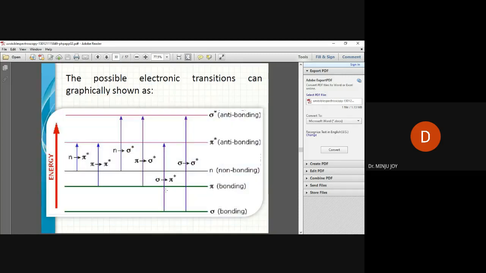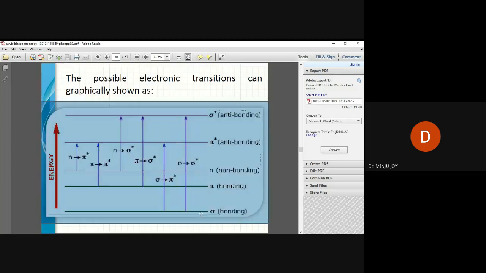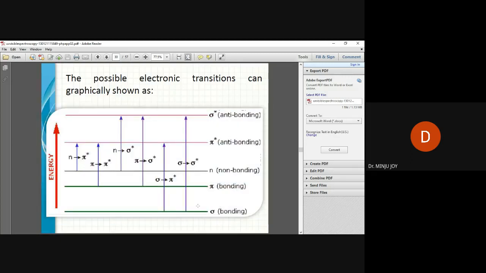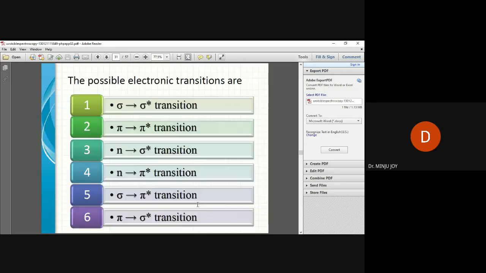Then next is sigma to pi star, pi star to sigma star, non-bonding level to sigma star level, pi bond to pi star level, and n to pi star level. So n to pi star has the least energy, whereas pi to pi star electronic transitions have higher energy.